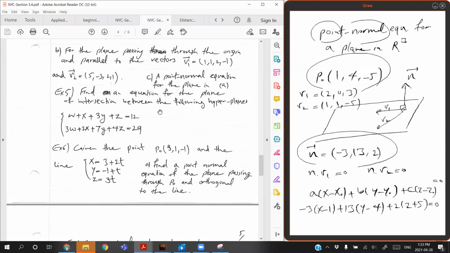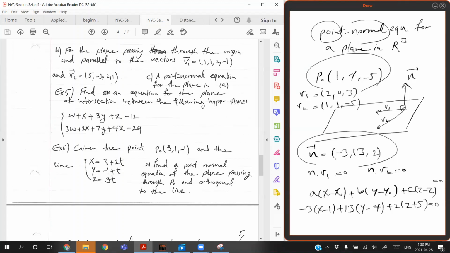So here, this is an object from the 4-dimensional space, and itself is a 3-dimensional object. So that makes it a hyperplane. Same for the other one. But the intersection between these two is going to be a two-dimensional object, as you will see, in a four-dimensional space. And a two-dimensional flat object in a four-dimensional space is going to be a plane. Generally, a plane is a two-dimensional object.